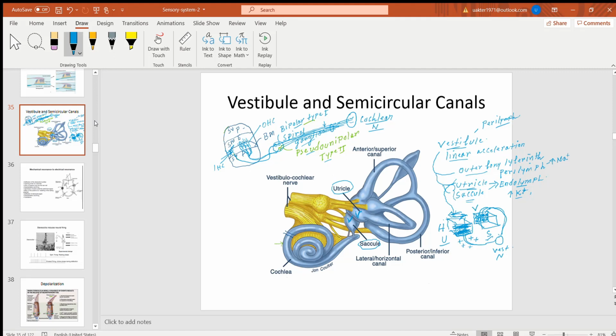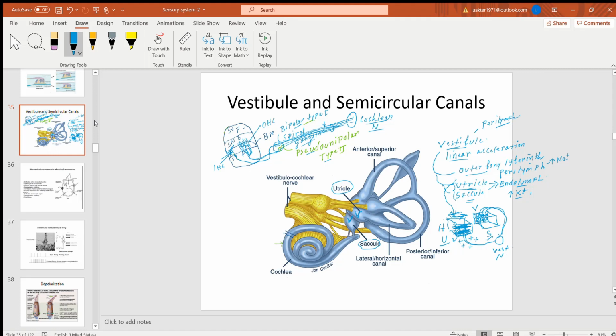So we can say, when you are driving, if you suddenly push the brake, then your head moves forward, right? So that will activate the utricle. And if you are going up in an elevator, and suddenly the elevator stops, then you tend to move down.